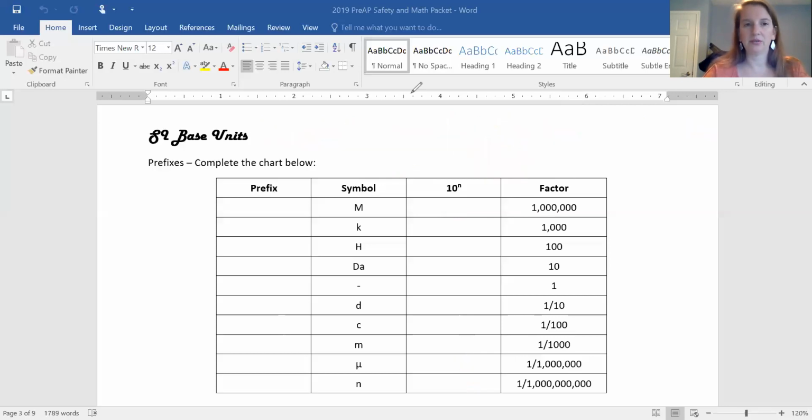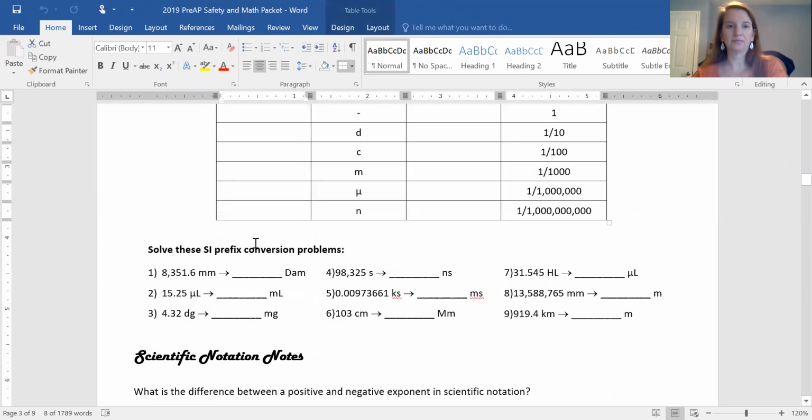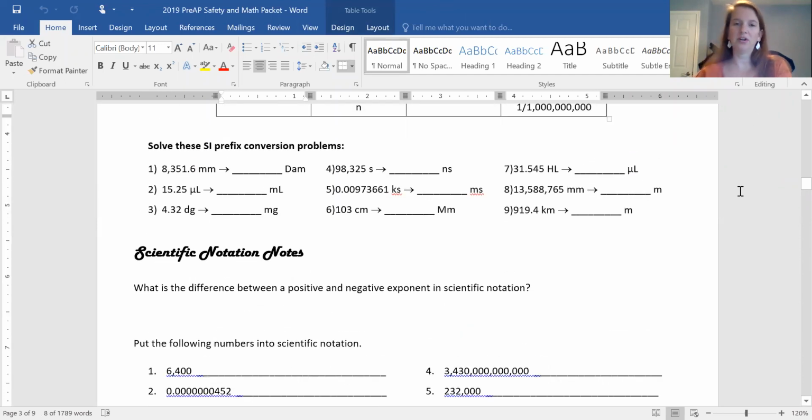So let me go ahead and scroll down here so that we can go over how to do these conversions, okay? So again, the first letter tells us what the prefix is. So this is millimeters, and this is decameters. So to go from milli, which is 10 to the -3, to deca, which is 10 to the 1, we have to move our decimal point 4 times.